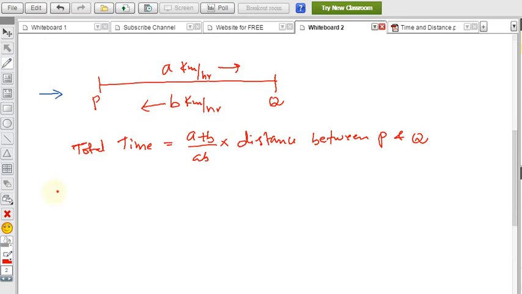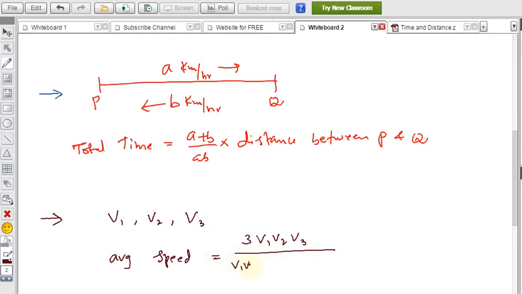If the distances traveled by three persons or three vehicles are equal, and the speeds are v1, v2, v3, then the average speed is 3 into v1 into v2 into v3 by the sum of v1 into v2 plus v2 into v3 plus v3 into v1. If the three speeds are given and you want average speed, this is the formula.